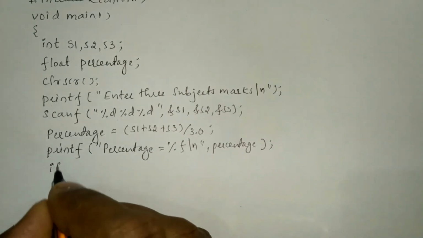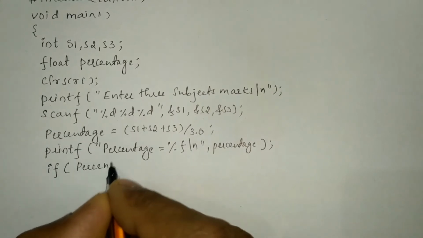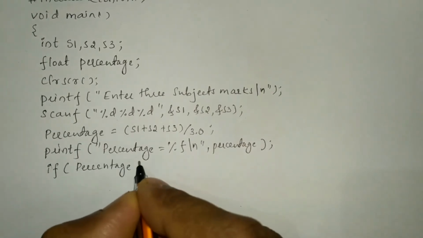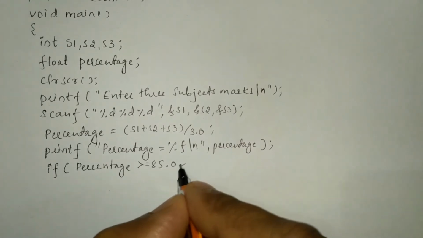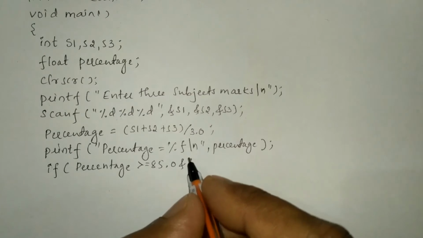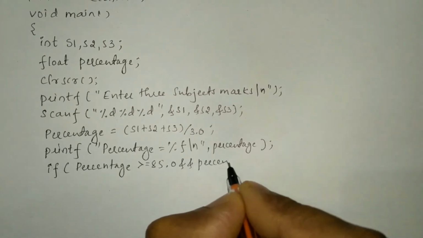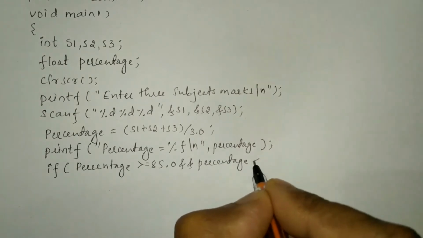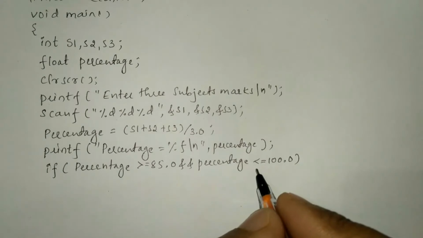Now I'm going to use an if condition, and here I'm going to write: if percentage is greater than or equal to 85.0, double ampersand, which is used for logical AND operation, percentage is less than or equal to 100.0, because some students may get 100% marks.